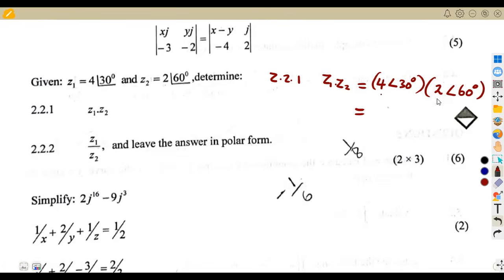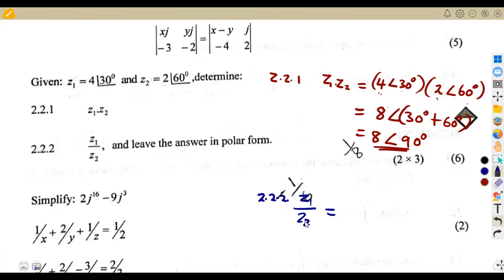Remember in the polar form, I told you that you can multiply the numbers together. So it's going to be 4 times 2, which is 8. Then the angles, I told you that you add the angles. So this will be 8, angle of 30 plus 60, which is 90. So the angles you add. If you are dividing, you subtract. So 2.22 was going to be direct again, Z1 over Z2.